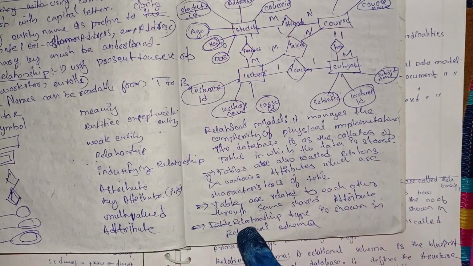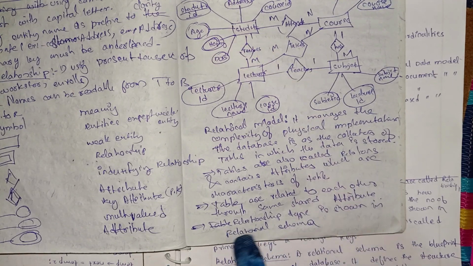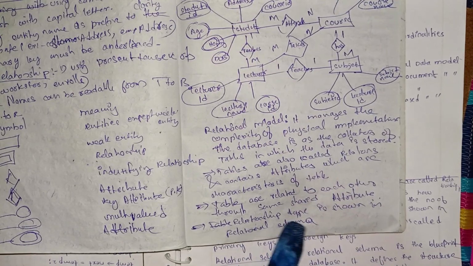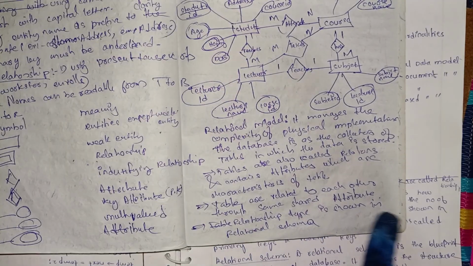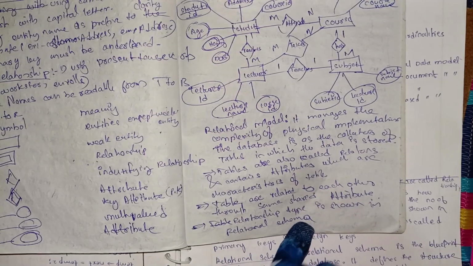Then the table relationship types are shown in the relational schema. What does relationship type mean? Mapping cardinalities are shown in the relational schema.